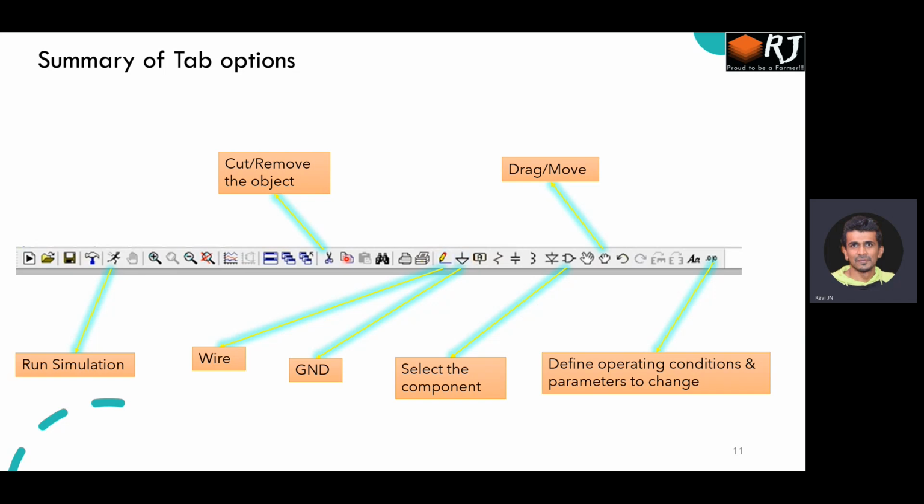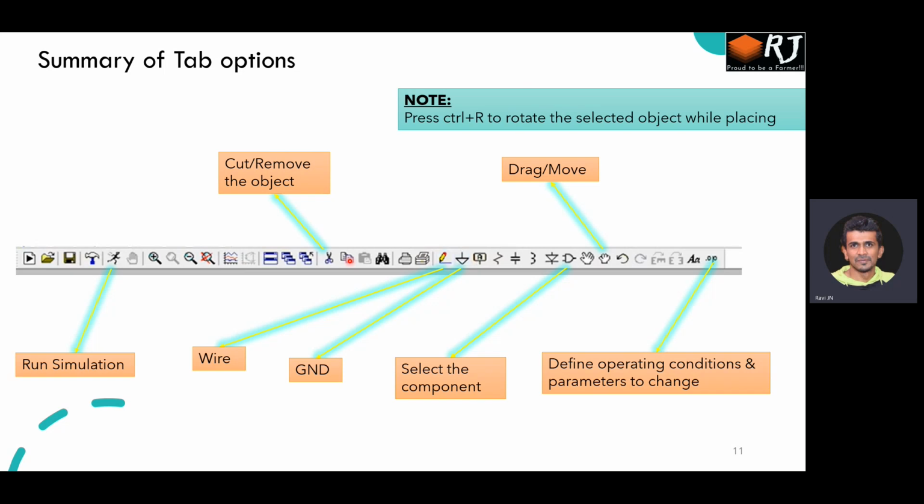And even here there is a copy option. You can copy whatever section of your things over there. Okay. And there is an option to move around. The shortcut for that being Control plus R. You can rotate your object after selecting them from this particular section of select component. Okay. Even that will be useful for you.